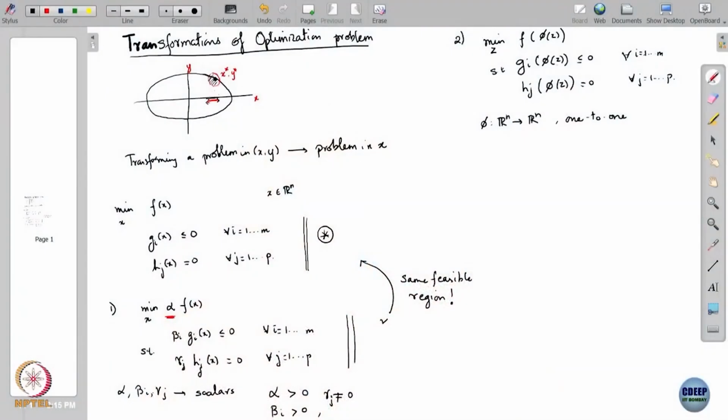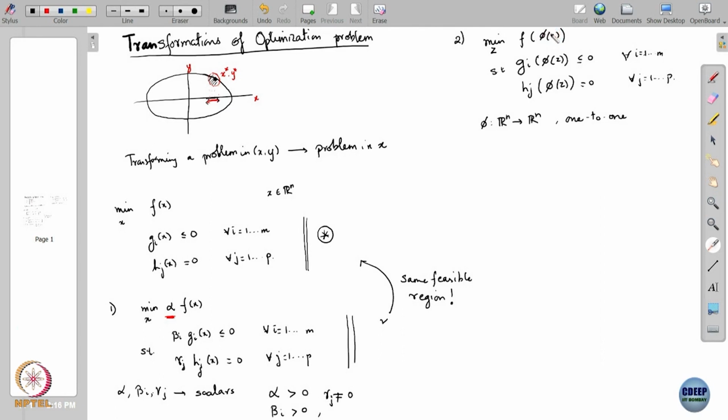In the constraints, what matters is not the value of z per se, but the value of phi of z, right. Similarly in the inequality constraints, and likewise in the equality constraint. What matters is the value of phi of z, and similarly in the objective also, what matters is the value of phi of z, right.